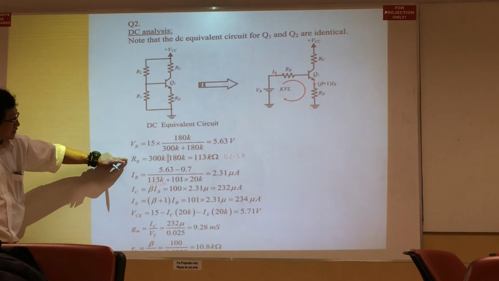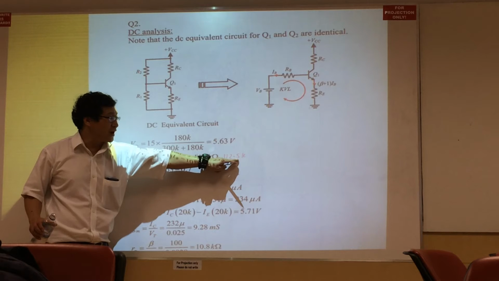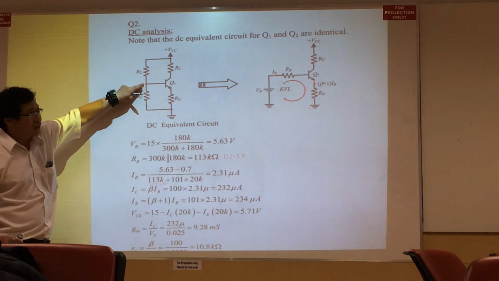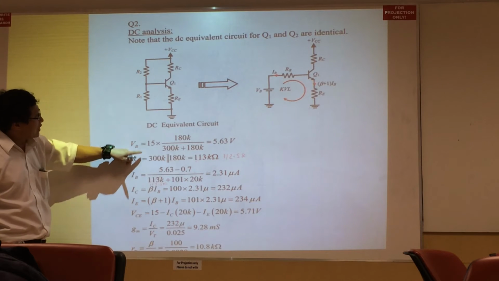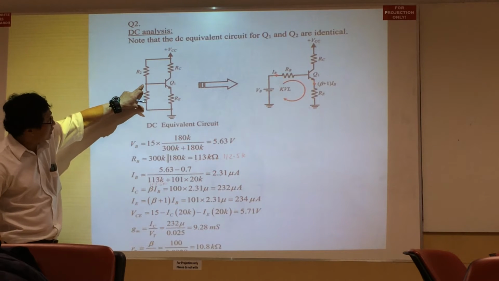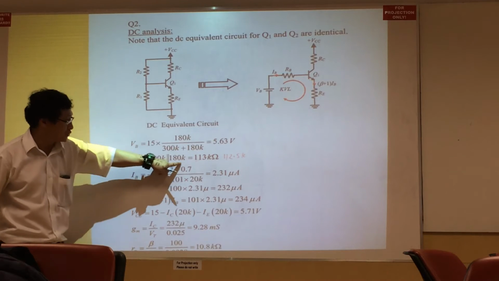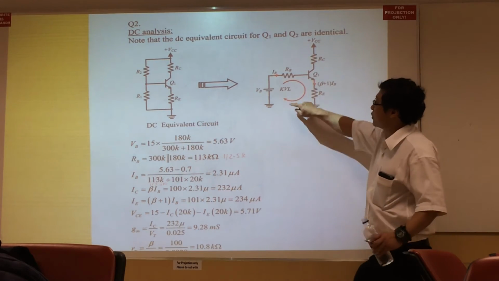The two resistances in parallel give you your Thevenin's resistance of 11.25K, not 11.3. Your VB, which is the voltage at the base, is a potential divided voltage of VCC to this node, and therefore is 180 divided by the sum of 300 and 180. That gives you 112.5.